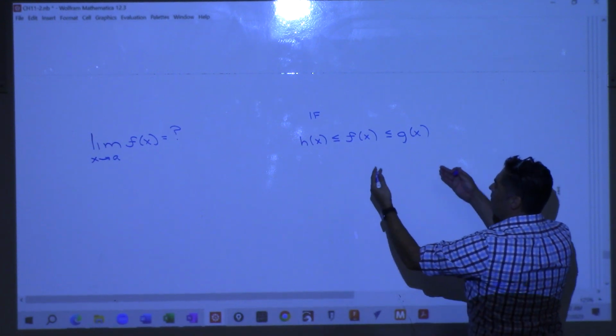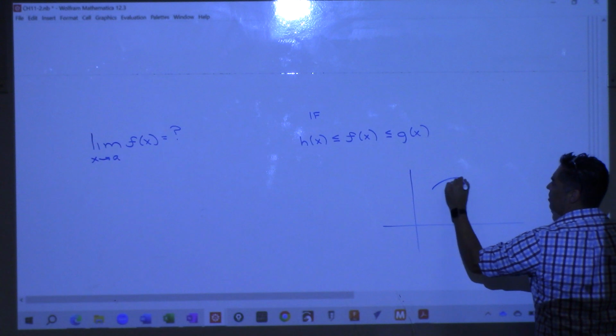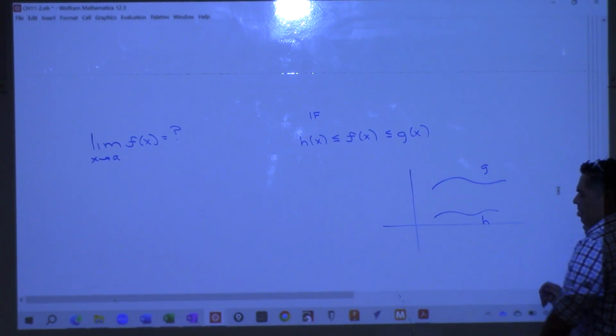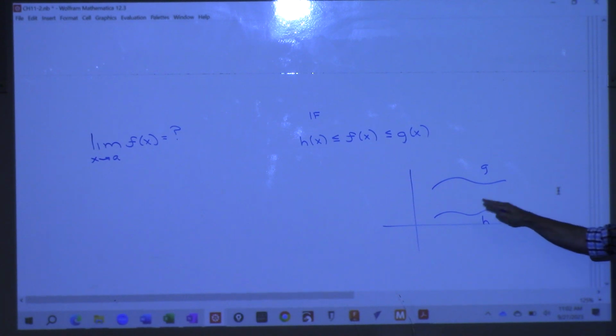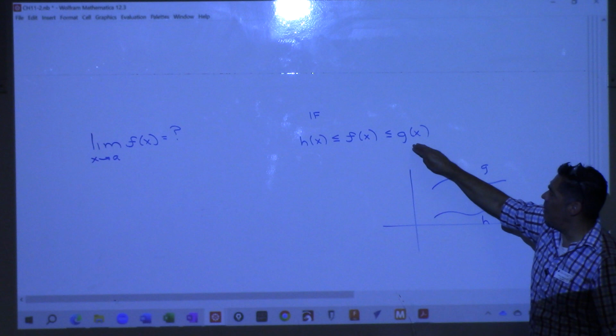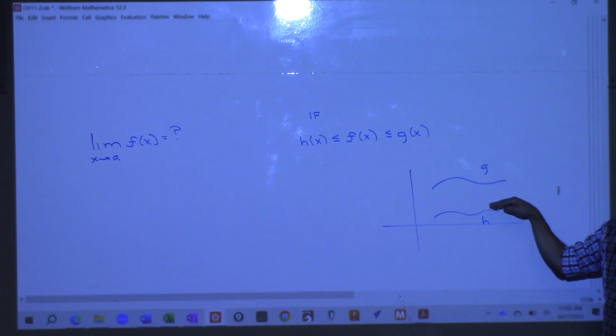Okay, so f of x is always between two other functions. So if this is g and this is h, if I know that f lives between those, right? That the y value of this function is always less than this y value, always greater than that y value, then it's always between these two, right?